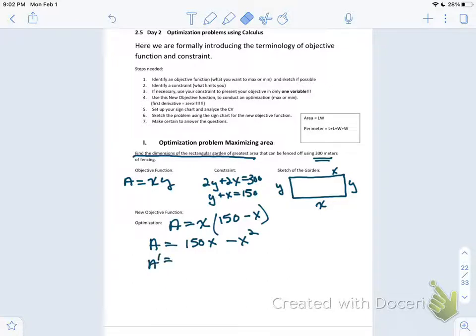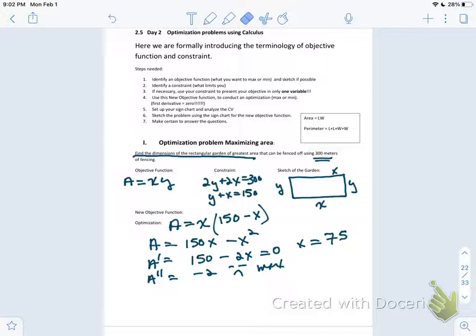Take my derivative: 150 minus 2x. Take my second derivative: minus 2. Therefore, it's always going to be concave down. So that will give me a max. And set equal to 0, my x equals 75.